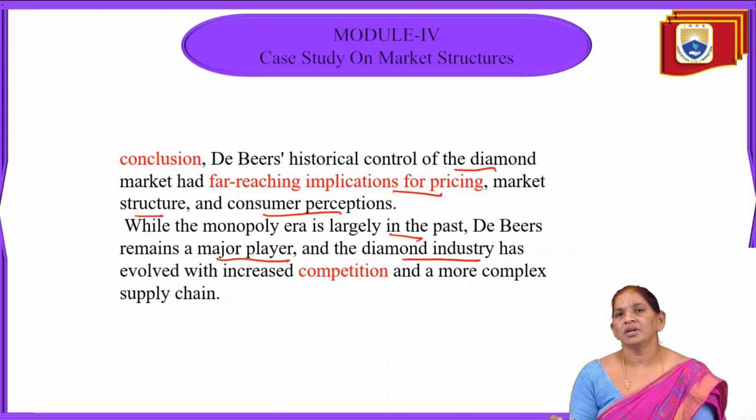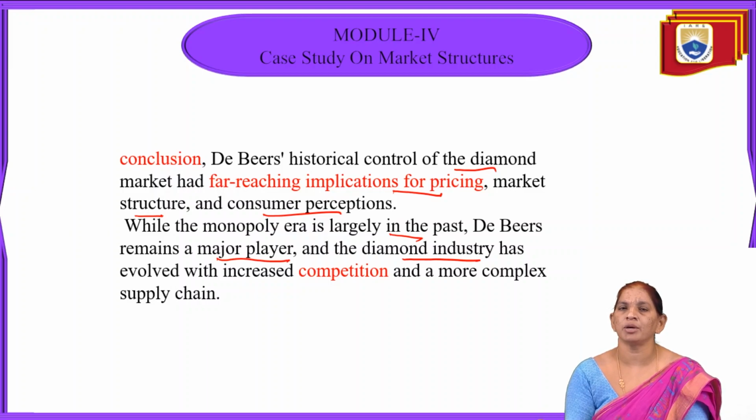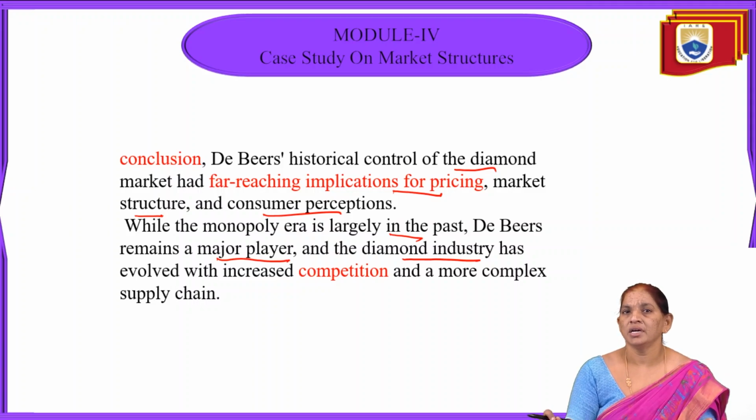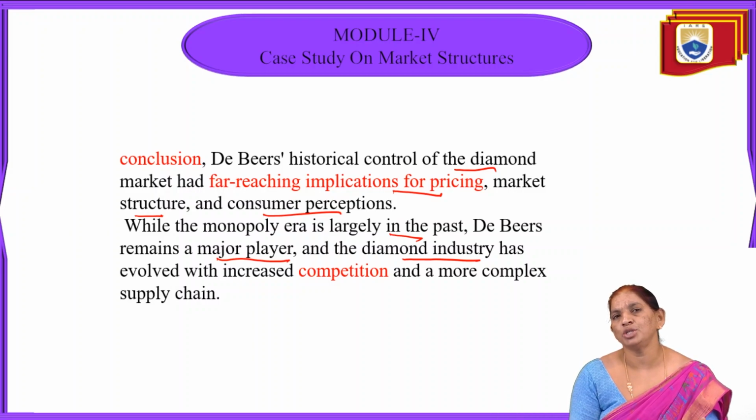So in this way, De Beers' monopoly has been broken up, but it has formed into diverse positions like partnerships or associations, and continues its impact on diamond manufacturing and the distribution network in a tremendous manner.